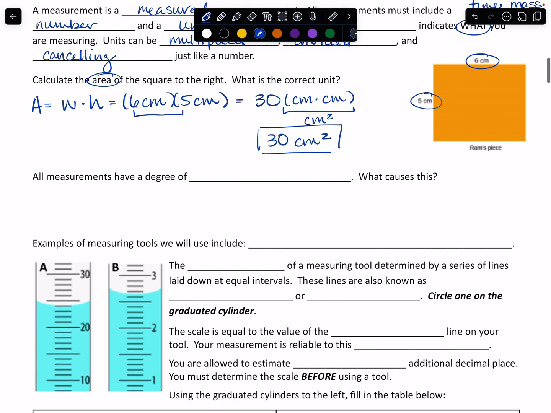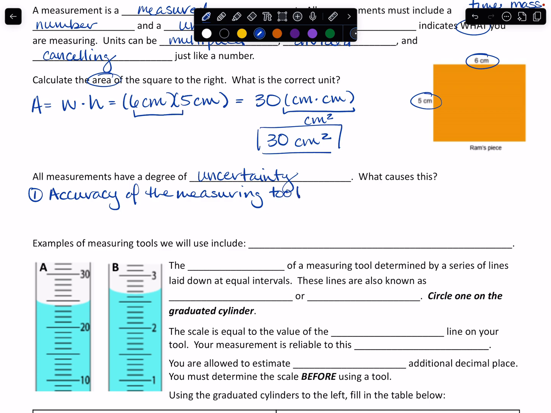Now, all measurements are going to have a degree of uncertainty. Well, what causes this uncertainty? Well, there's two factors really. There's the accuracy of the measuring tool you are using.